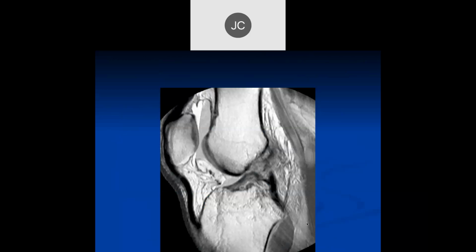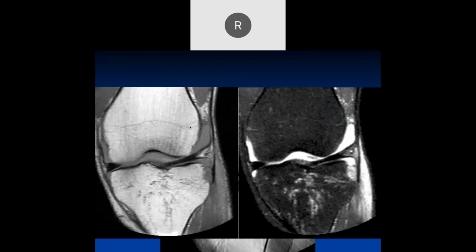Robert, what do you think of this case? All right, so it looks like the ACL is probably torn. There's a fluid level in the joint, so lipohemarthrosis. Here are the coronal images. Looking at where the IT band inserts, it looks like there might be an avulsion of that area.